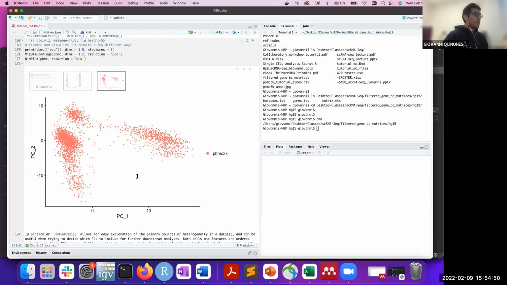This is not quite clustering yet. It's already clustering in theory, but we actually won't rely uniquely on PCA for clustering of cells. But at this point, this plot is showing you that based on the expression patterns, you can already see cells getting closer together in this PC space.